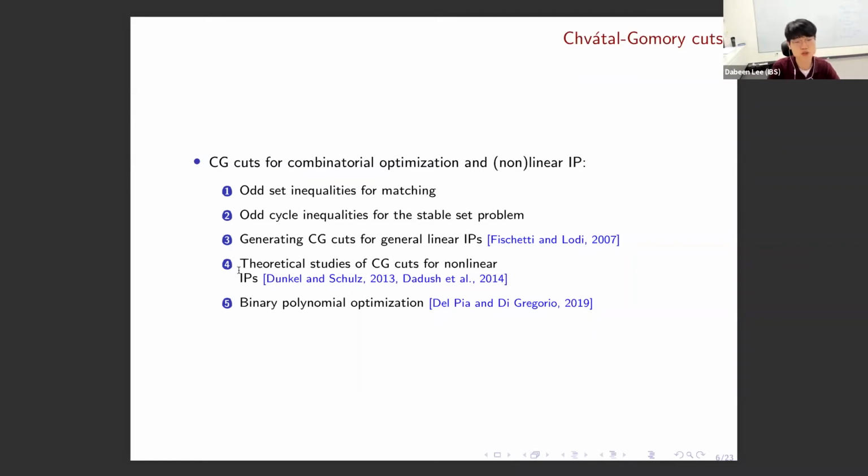People have also looked at CG cuts for nonlinear integer programs. And recently, these people proved that some important classes of cutting planes for binary polynomial optimization are known to be CG cuts.